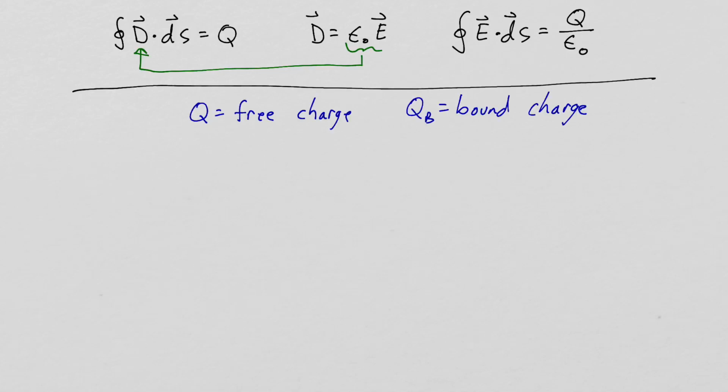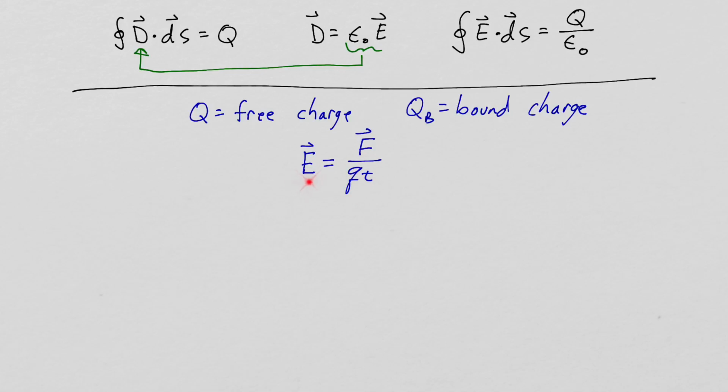We have introduced this idea that we have free charge and bound charge inside our dielectric, where the bound charges are these charges tied up in electric dipoles. We are going to retain our definition of the electric field intensity, and that is if you put a test charge at some point in space and measure the force it experiences, dividing by the test charge gives us the electric field intensity.